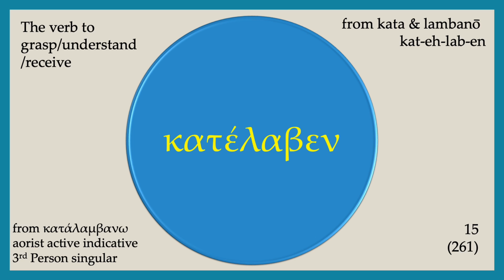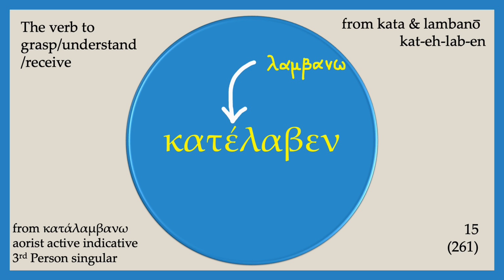Kata laben is used 15 times in the New Testament, but all forms of the verb lambano are 261 times that verb is used. So with the kata it's not so common, but lambano is one of the most common verbs.